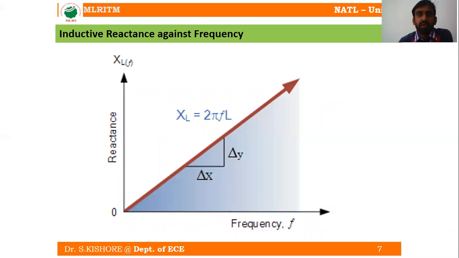So this is going to give the response of the inductive reactance against the frequency. You can see here we have the inductive reactance, which is XL equal to 2 pi FL, which is nothing but XL equal to omega L. So if you plot with respect to the frequency F, what could be the reactance here?